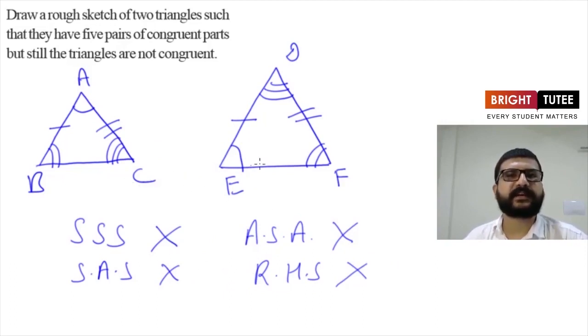So we can say that the triangles are not congruent, but we have 5 pairs of congruent parts, and we can write them like this.